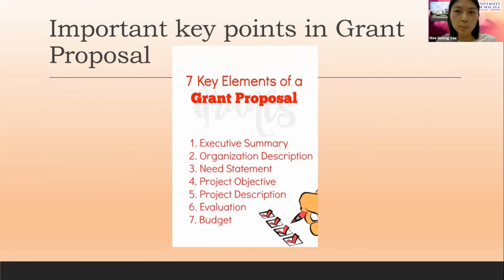So important key points when you do a grant proposal: you need to summarize the whole thing that you are going to present to the reviewer, yeah. Is your idea very specific as well as novel, like Prof. Byron said just now? Then that is a good way to get a grant, yeah.